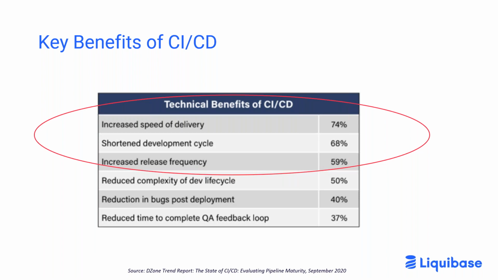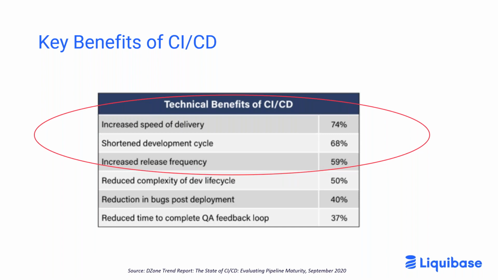But the reason we asked this question is because of this report. This was from the D-Zone Trend Report. It's about the state of CI/CD and the evolving pipeline maturity for the industry. People could respond more than once to this particular survey, but we wanted to put this out here and see what the rank would be.